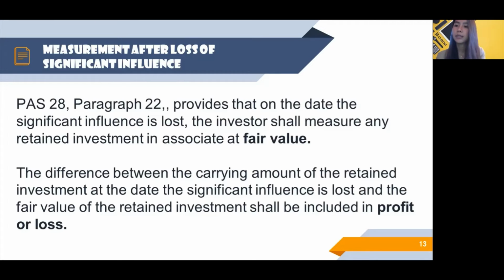And kapag nangyari yung loss of significant influence due to the increase in ownership or above the 50%, i-account naman natin siya as investment in subsidiary under PFRS 3 and PFRS 10.